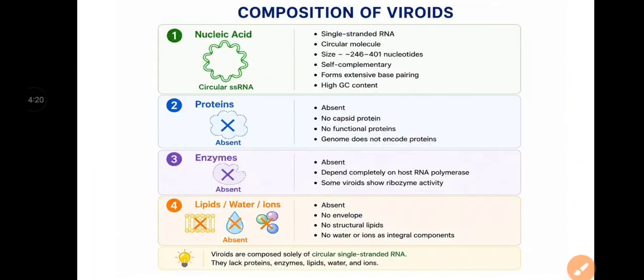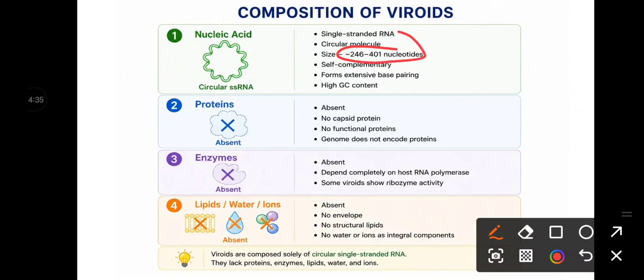Next, about the composition of viroid. We have already discussed that it is only RNA, single-stranded circular RNA, with a size ranging from 246 to 401 nucleotides. High self-complementarity is there, and high GC content.